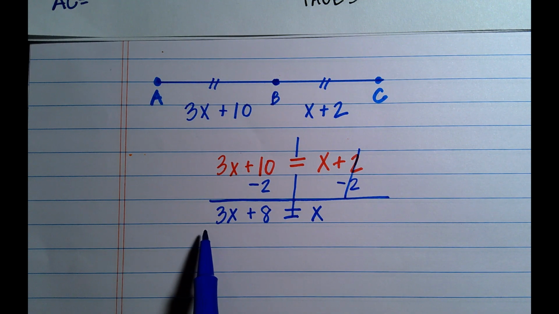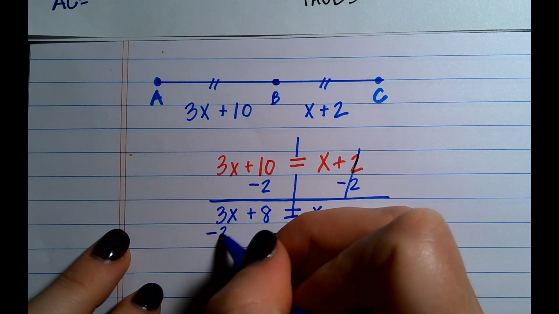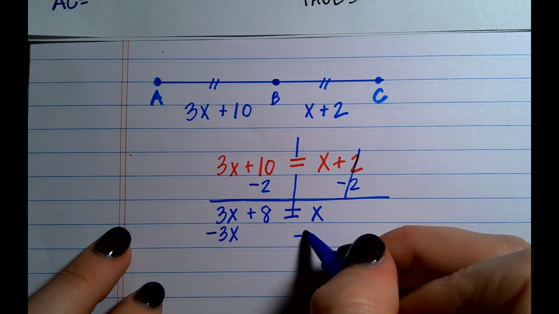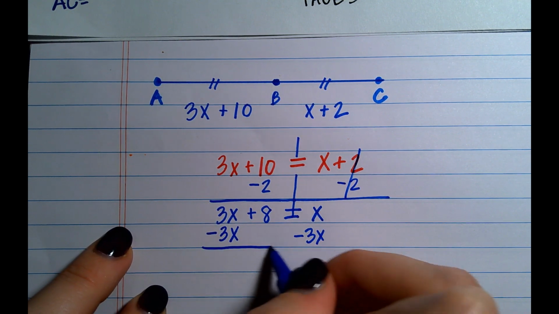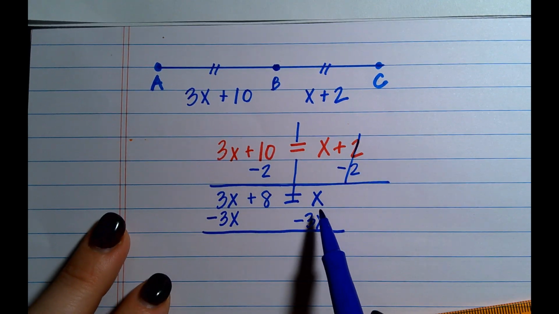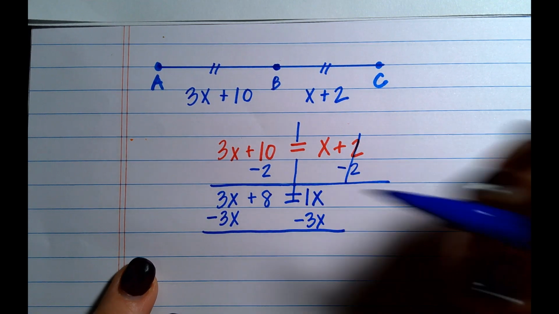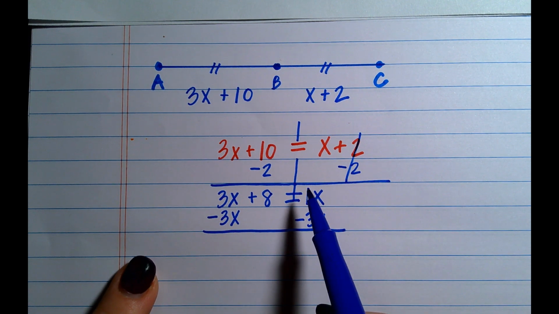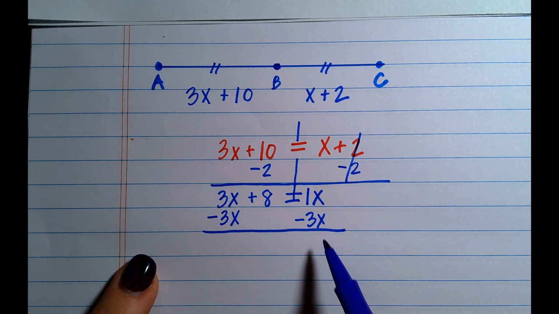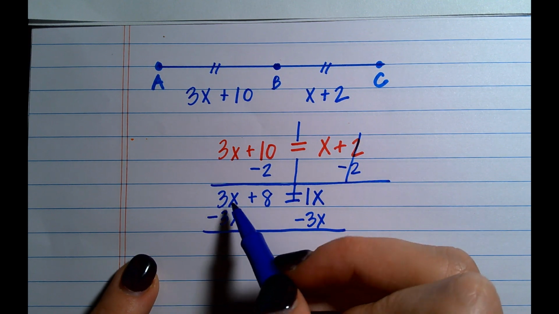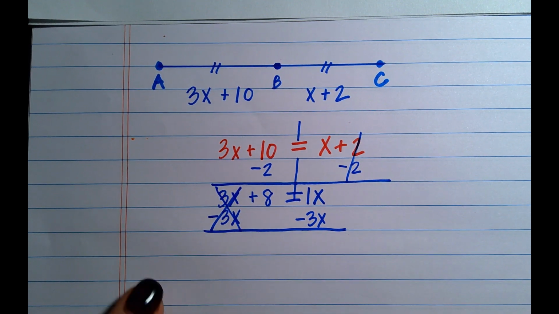What do I need to do to...? Yes, we're going to subtract 3x from both sides. Now, remember, when you have x by itself, there is an invisible positive 1 there. So it's not just going to be negative 3x over here. It's 1 minus 3x, basically. 1x minus 3x.